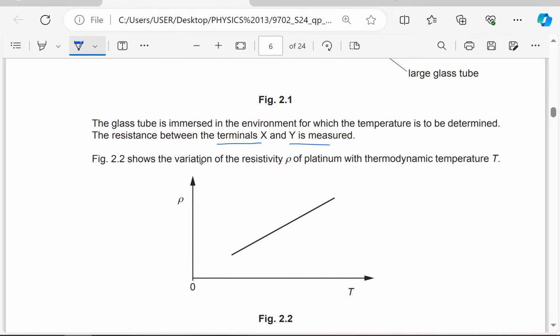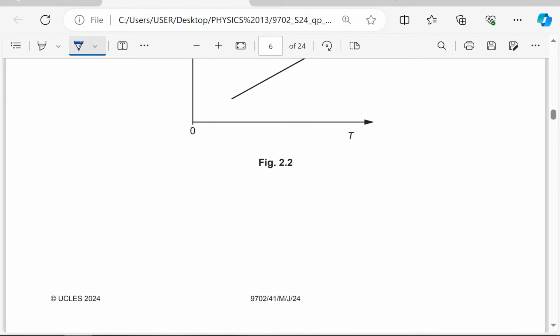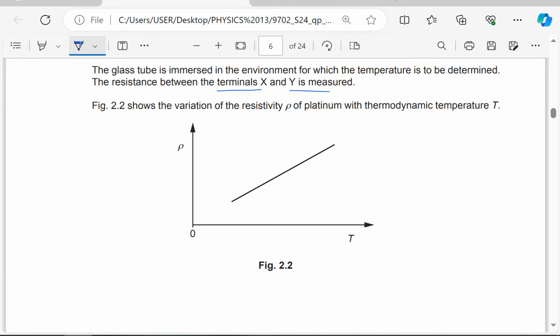The figure shows the variation of the resistivity rho of the platinum with the thermodynamic temperature T. And we see it is a straight line. I can check if it goes to 0. I think it goes to 0.